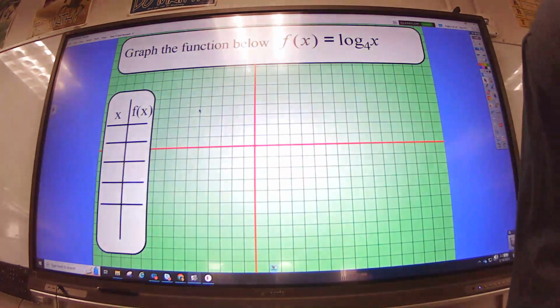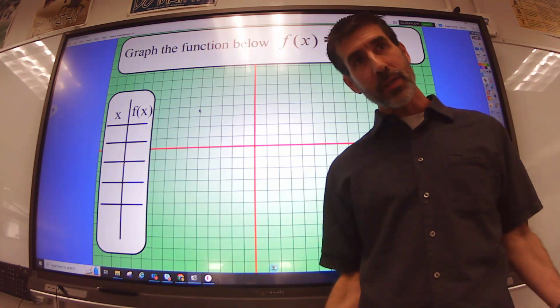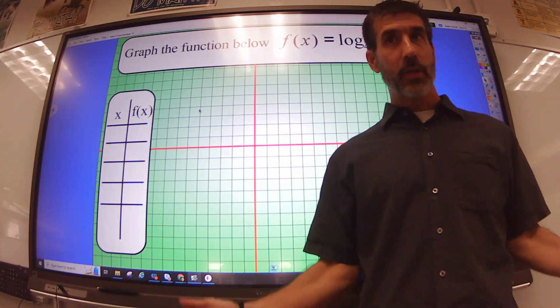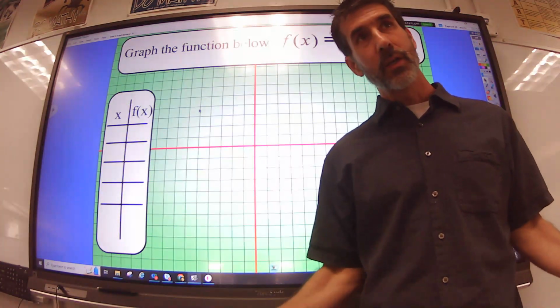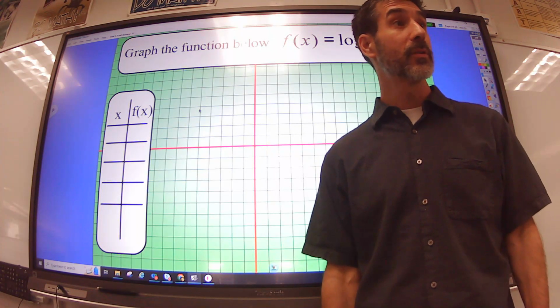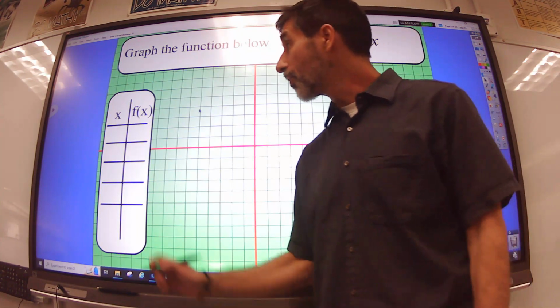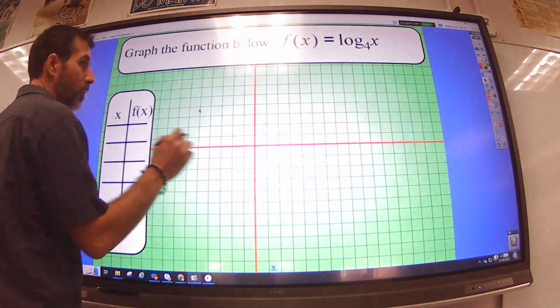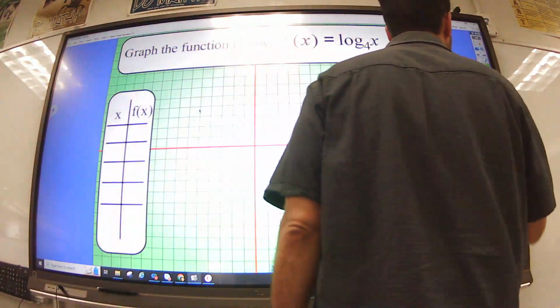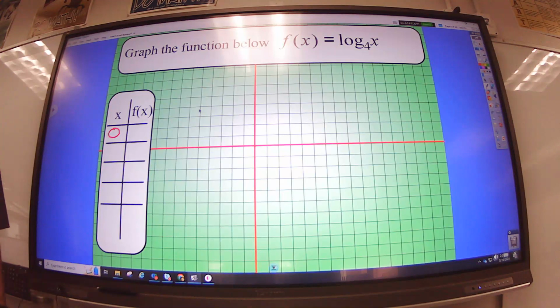Okay, first we want x equal to 0. What's another one? 1. And then I guess 4. Whatever the base is, we list that as 4. Do you guys remember that? So, what is log base 4 of 0 equal to? No solution.